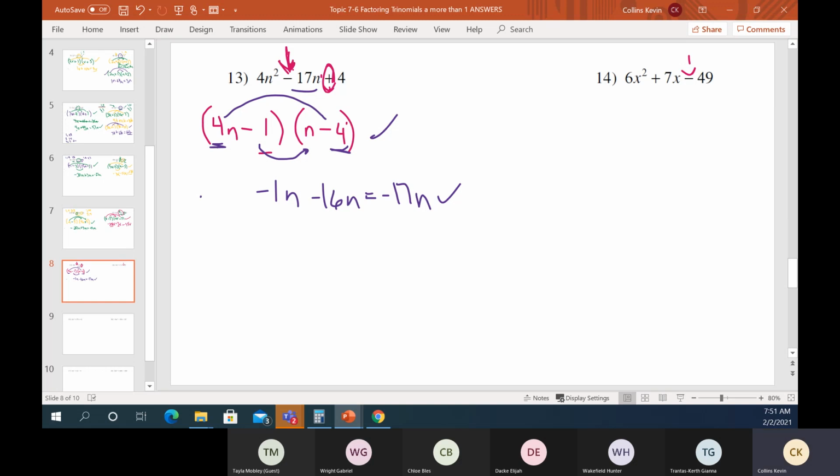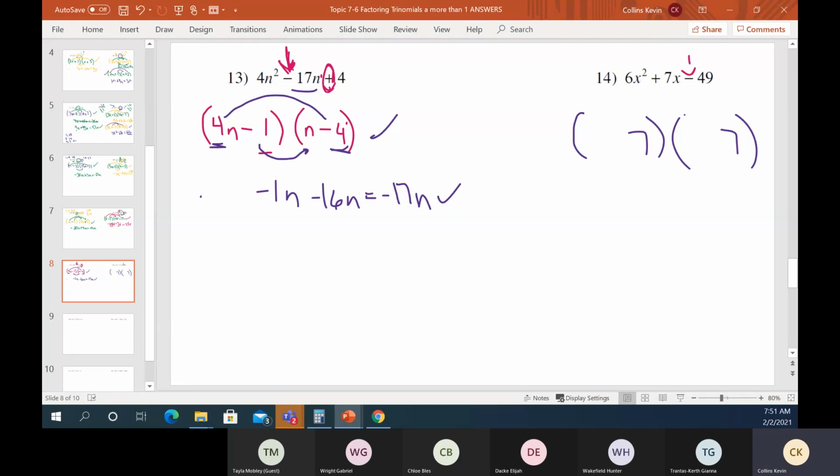Okay, so let's check out this next guy. So this one, I'm thinking, like I said, probably not 1 and 49, so we're probably going to use the 7s, right? So let's start filling in over there. So we have a 7 and a 7.